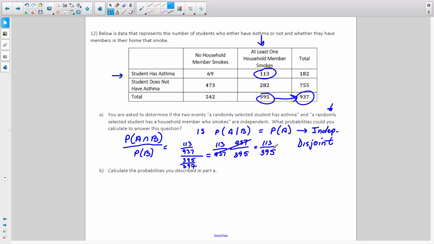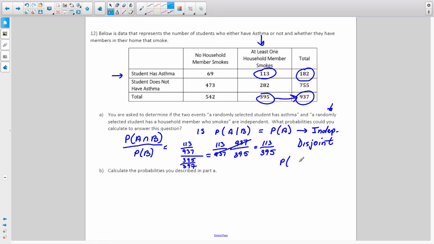So what's the probability of A? A is asthma. The probability that a student has asthma is 182 out of 937.